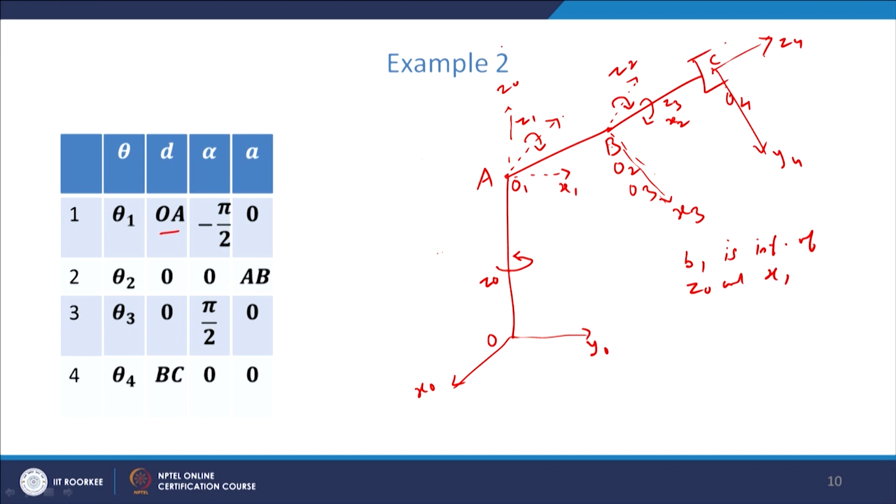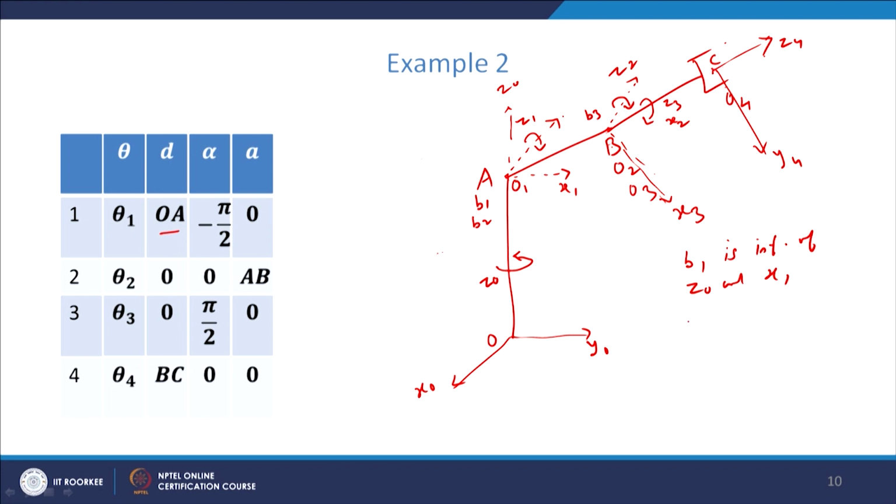So, Z0 is this, x1 is this axis. So, the point A is B1, and B2 is Z1 and x2. Z1 is this direction, x2 is this, so again B2 is placed at the point A itself, and B3 is Z2 and x3. So, this point is B3, the point capital B is B3.